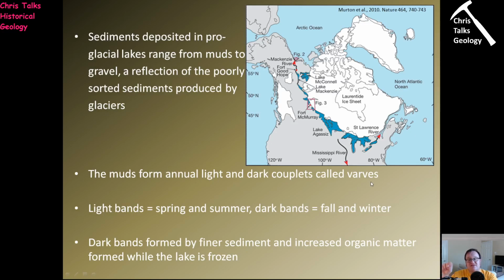So the light bands represent spring and summer, and the dark bands represent fall and winter. So if you look at these lake sediments from the proglacial lakes, you can see light band, dark band, light band, dark band, and that's formed by the very, very fine muddy material. So as you say, these are the proglacial lakes here, and they essentially form along the glacial margin.